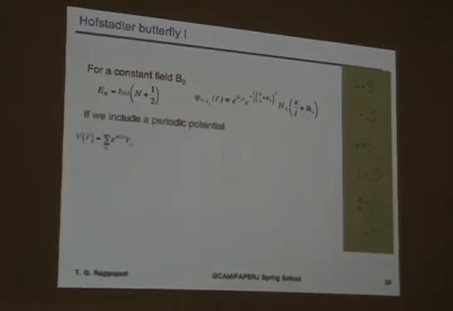So now imagine you include the periodic potential in your system. In a similar way, let's forget all the other levels and keep the n equals 0 level.